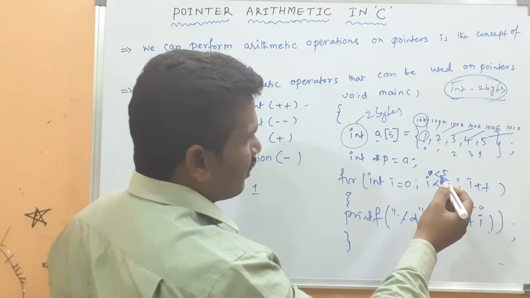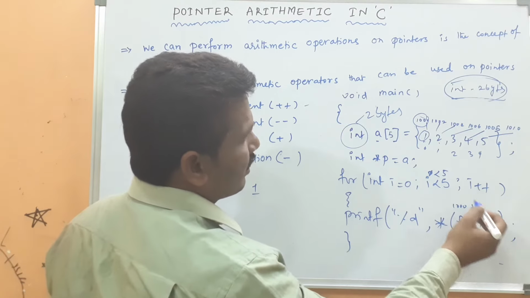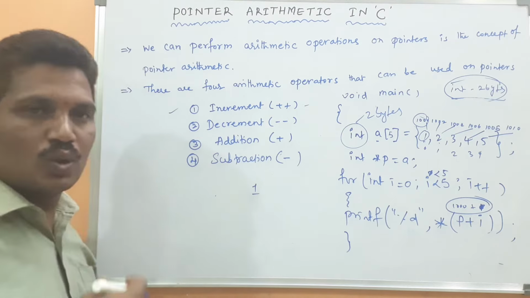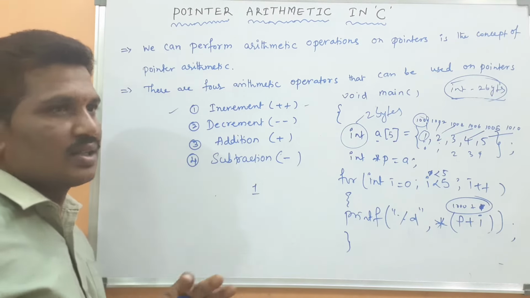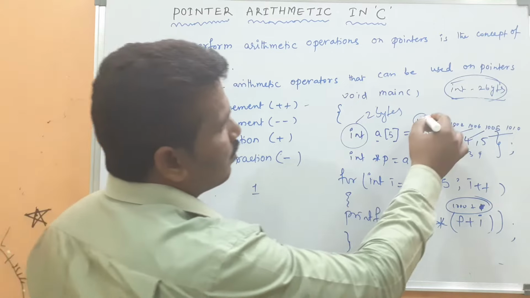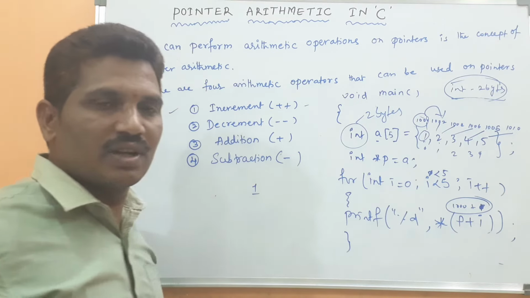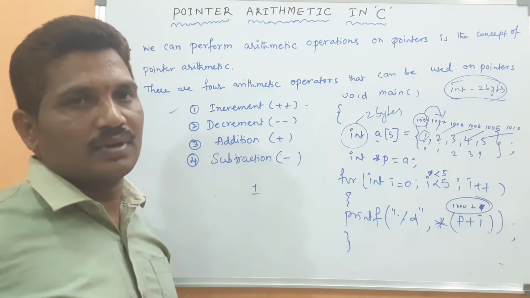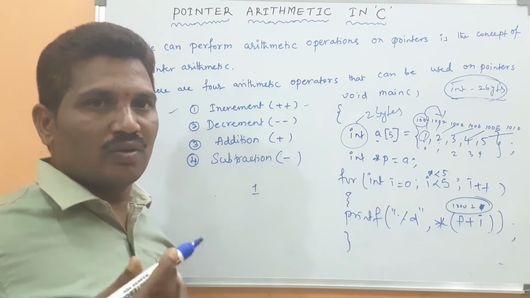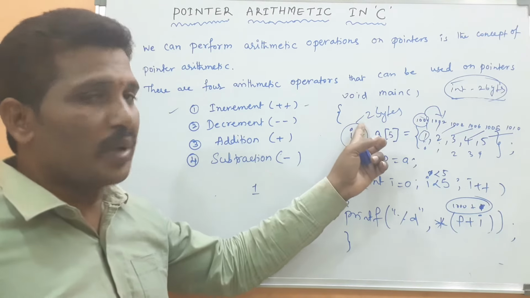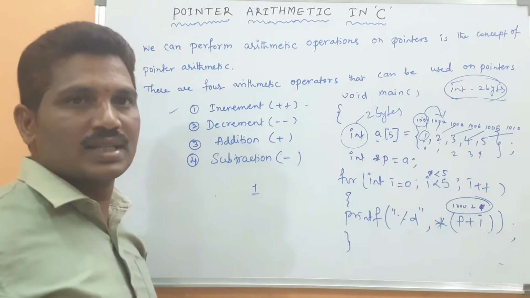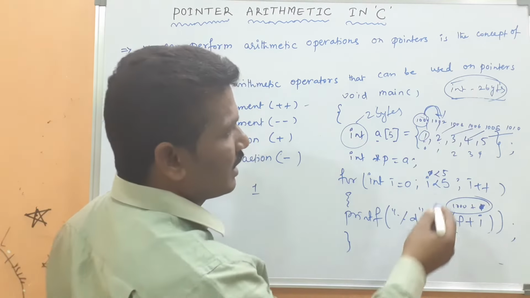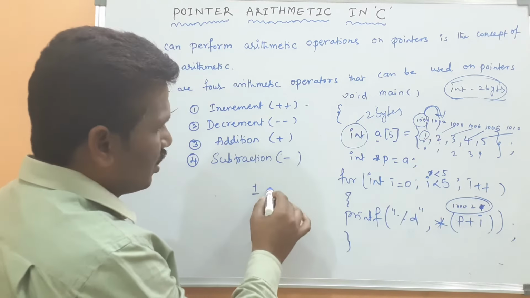Then p plus 1 is incremented by 1, which means it goes to the next location. It depends on the size of the data type, here 2 bytes, so the next location is 1002. What is the value in that location? 2.